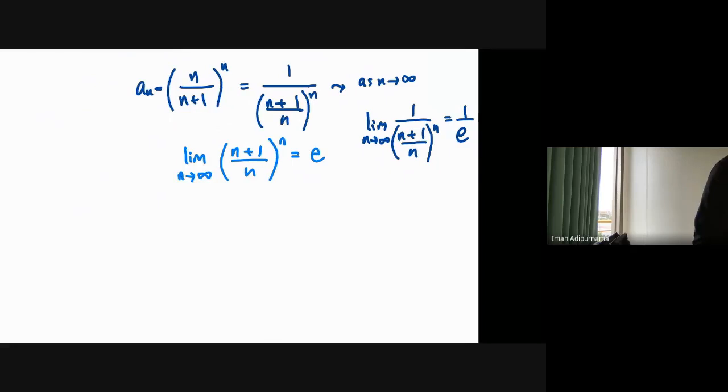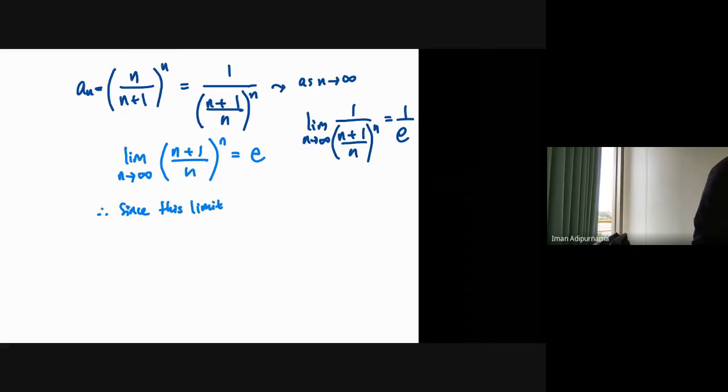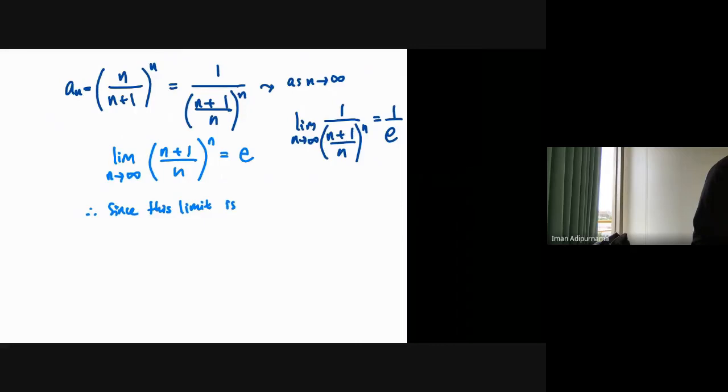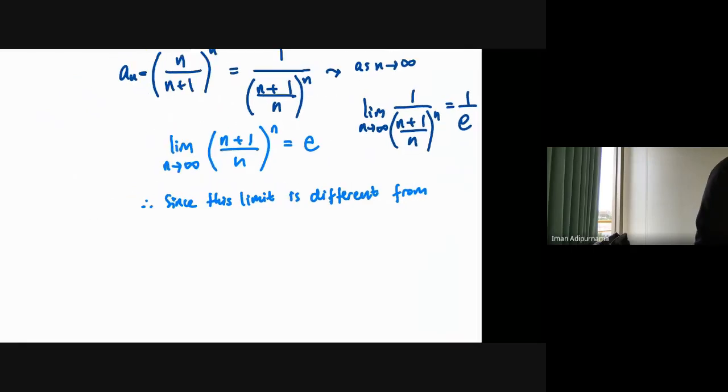So, writing a conclusion: since this limit is different from 0, the series diverges.